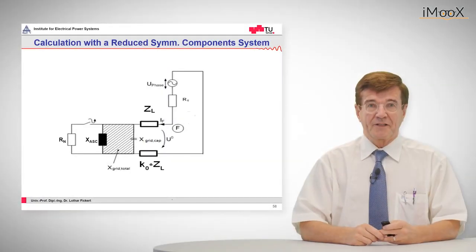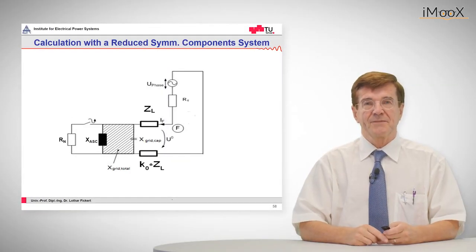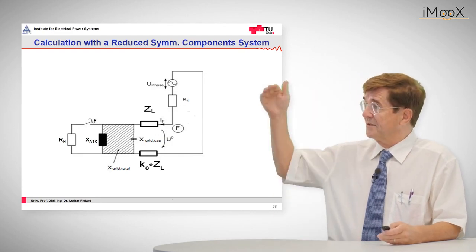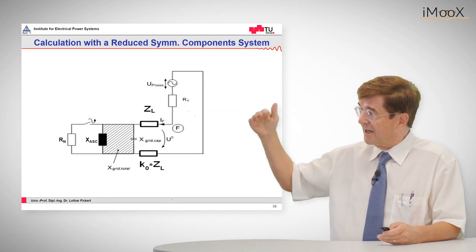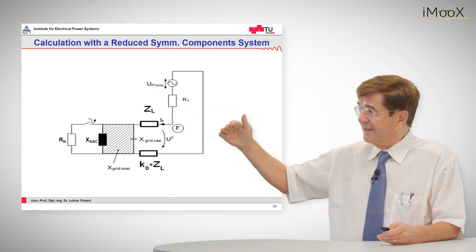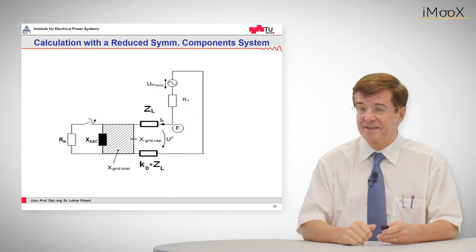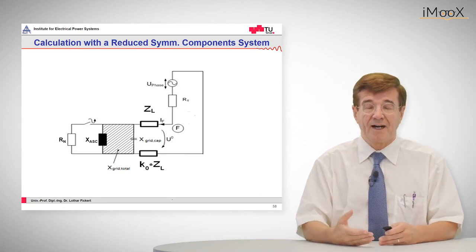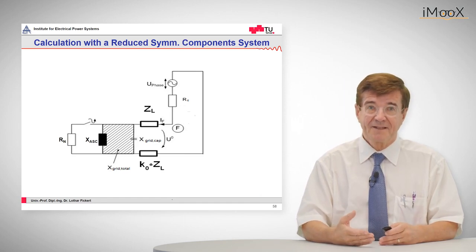Now we go for the calculation into the reduced symmetrical component system. Again we see what we already know. The phase voltage is the driving force, the arc resistance. Then at the far left we can see this parallel circuit made up of capacitances and the arc suppression coil reactance.